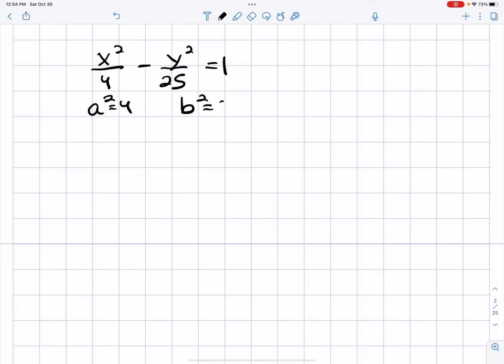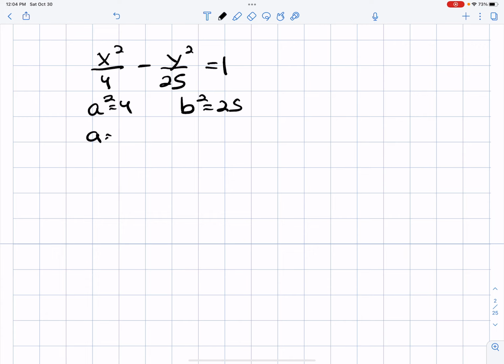So let's say you've got x squared over 4 minus y squared over 25 equals 1. Okay, so a squared's underneath the x squared. So a squared's 4, we know b squared's 25.